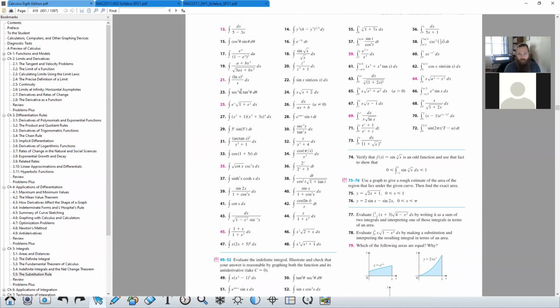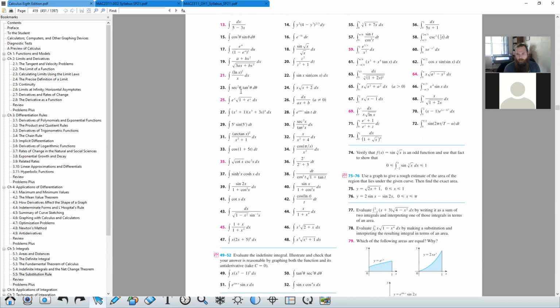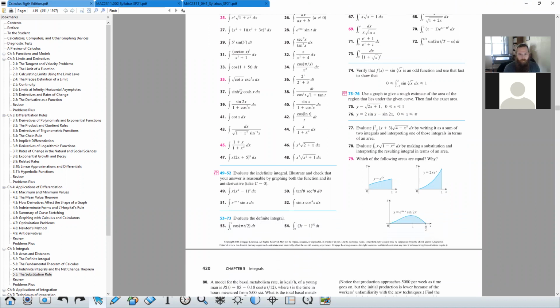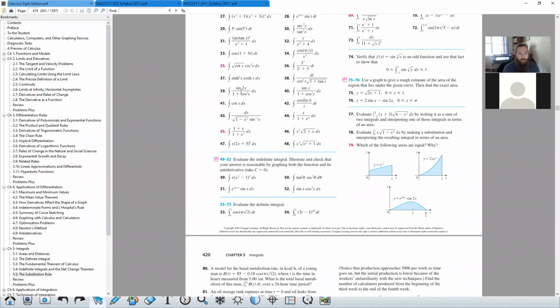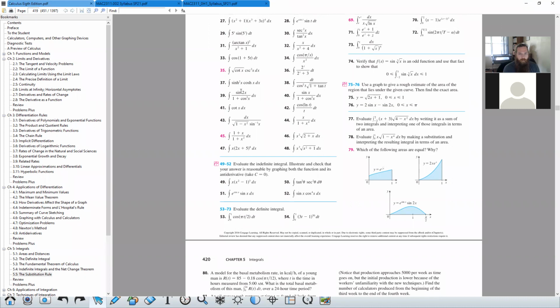What do we have? Could do that. That's super duper straightforward though. These are all pretty straightforward. So this section doesn't have a whole lot of truly challenging problems. But we can look at one or two here.